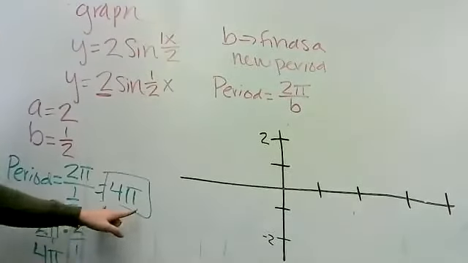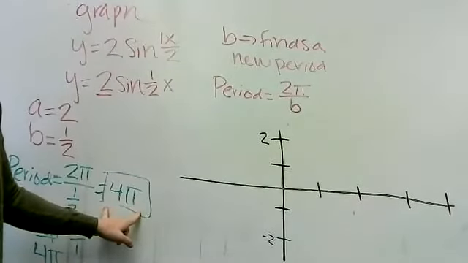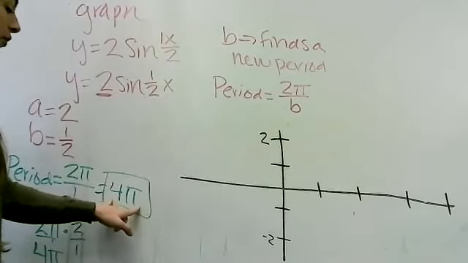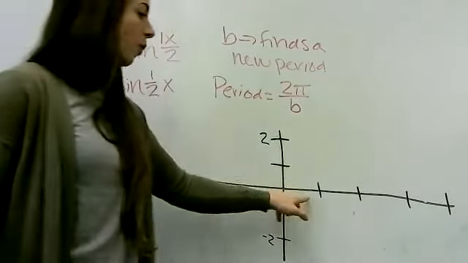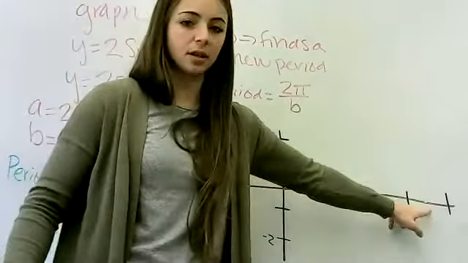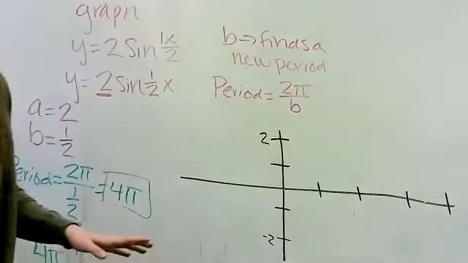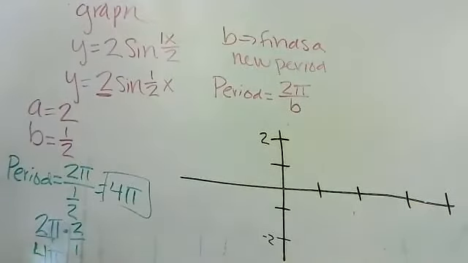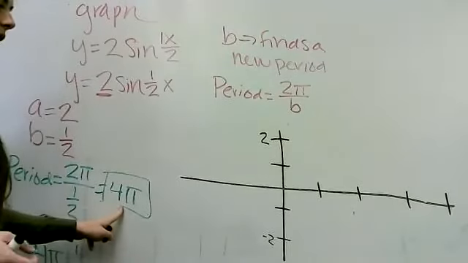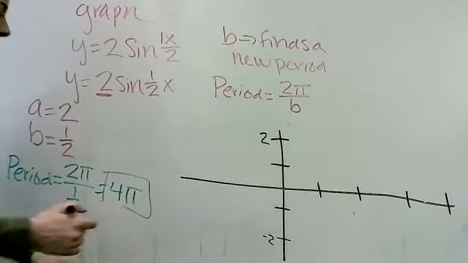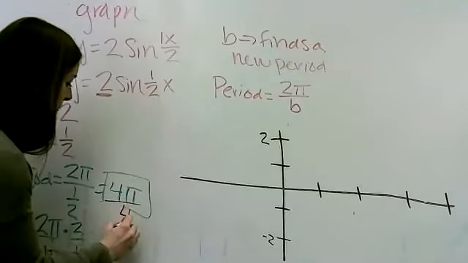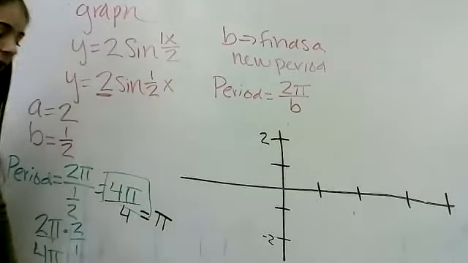So if my period length needs to be a full 4 pi, I need to divide 4 pi up into 4 equal sections. I started us off with a little bit of an easier one. If we want to divide 4 pi into 4 equal sections, each of those sections will be pi length.